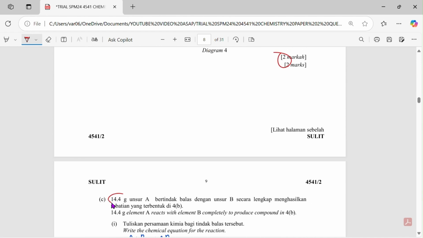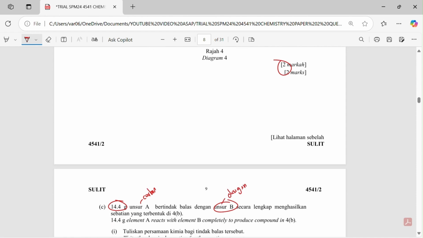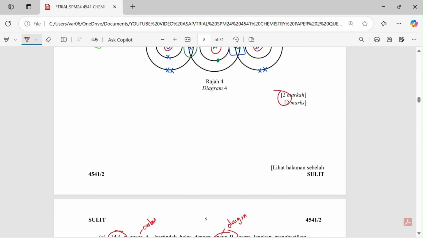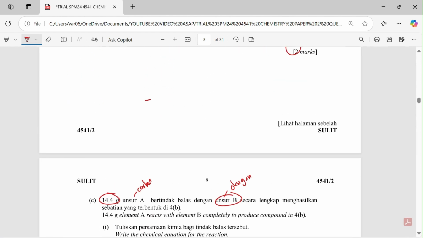Next, 14.4 gram unsur A bertindak balas dengan unsur B. Unsur A was carbon, unsur B was oxygen. Secara lengkap untuk menghasilkan sebatian. So, tuliskan persamaan kimia.